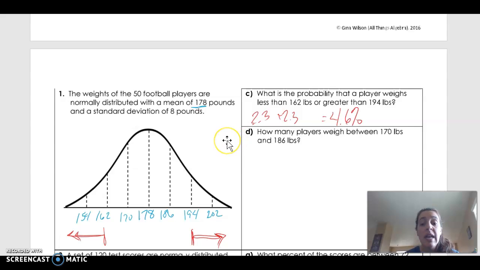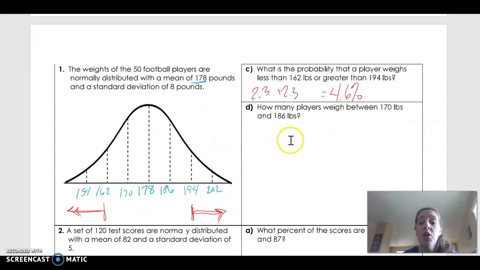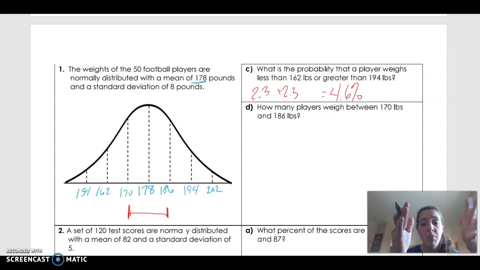Okay. So now we can take this information too and figure out exactly not just the probability, but how many players fall into a certain category. So that's what we're going to do with this last problem using this data set. So how many players weigh between 170 and 186? So I see I'm looking right there. I'm looking at one standard deviation from the mean on both sides. Well, I know that that whole chunk between those two values is 68.2%.